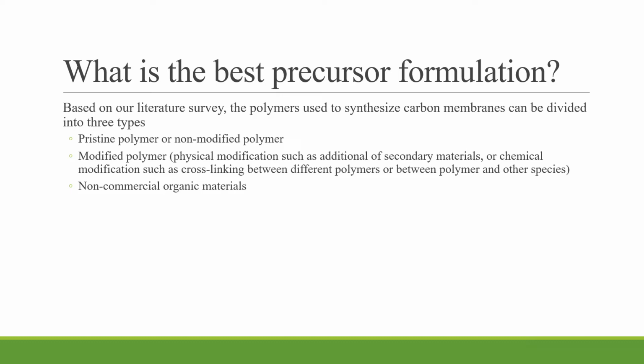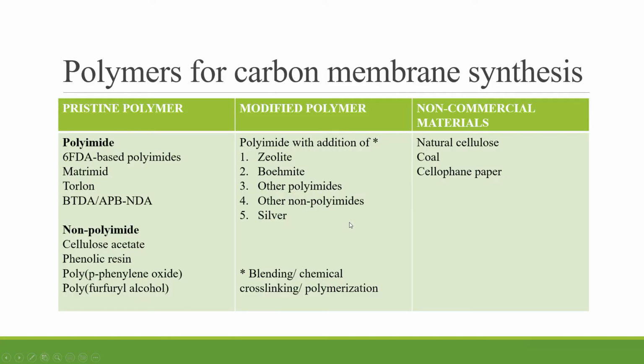The second type, they modify the polymer first through physical modifications such as addition of secondary materials, or through chemical modification such as cross-linking between different polymers or between polymer and other species. And the third type is non-commercial organic materials.